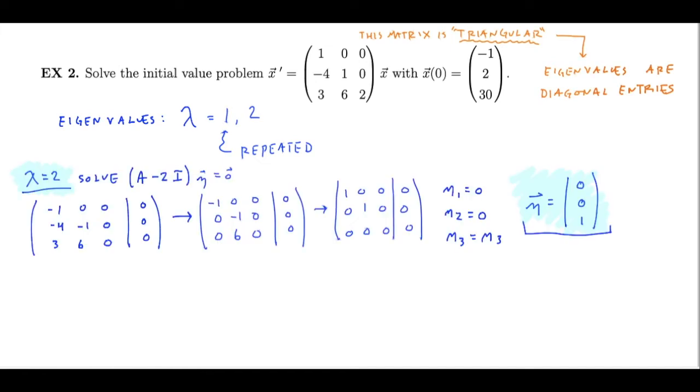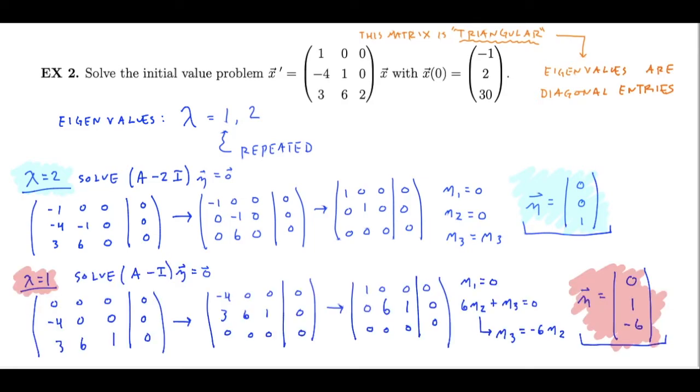Here I've followed the usual steps and I've found the eigenvector associated with lambda equals 2. Now I will use the process that I demonstrated in the previous example to find the actual eigenvector associated with lambda equals 1 along with the generalized eigenvector that's associated with lambda equals 1 as well.